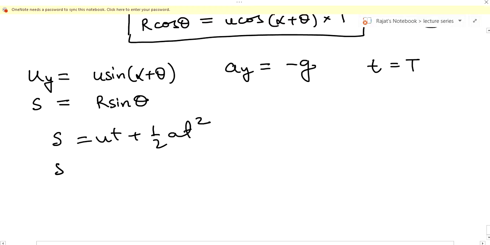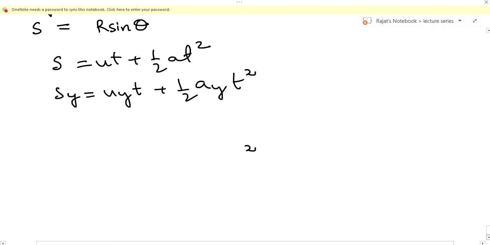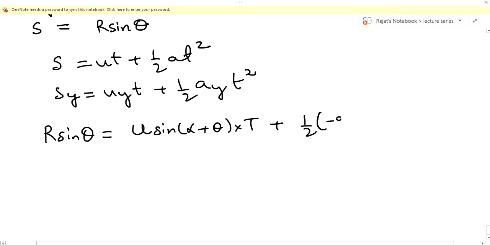So for vertical motion, Sy is equal to uy t plus half ay t square. So r sin theta is equal to u sin(alpha plus theta) into capital T plus half into minus g into capital T square.